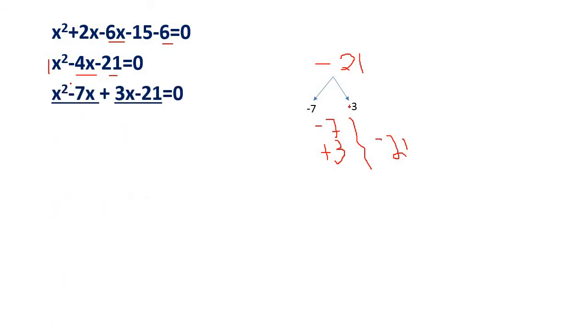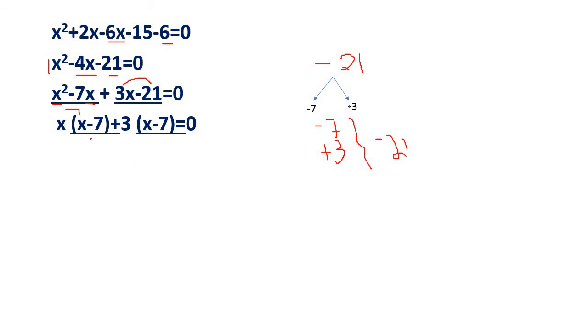Therefore we can write x square minus 7x plus 3x minus 21 is equal to 0. Now we can take x as common in the first two terms, remaining is x minus 7. In the last two terms, 3 and 21, if you take out 3 as common, we get x minus 7.